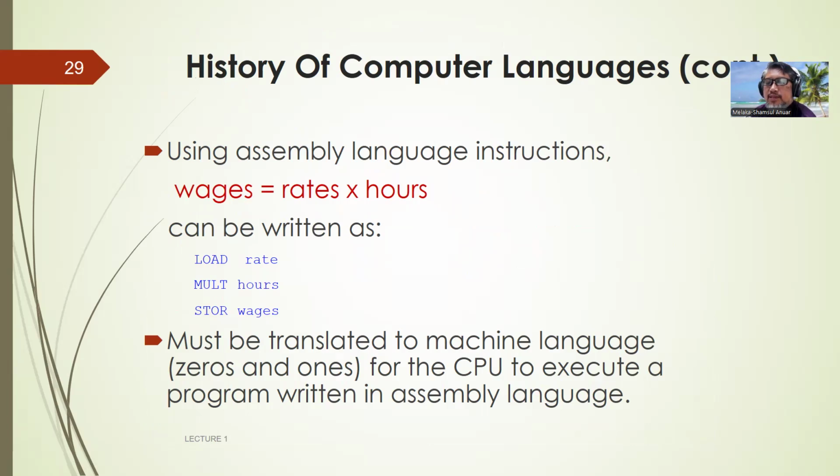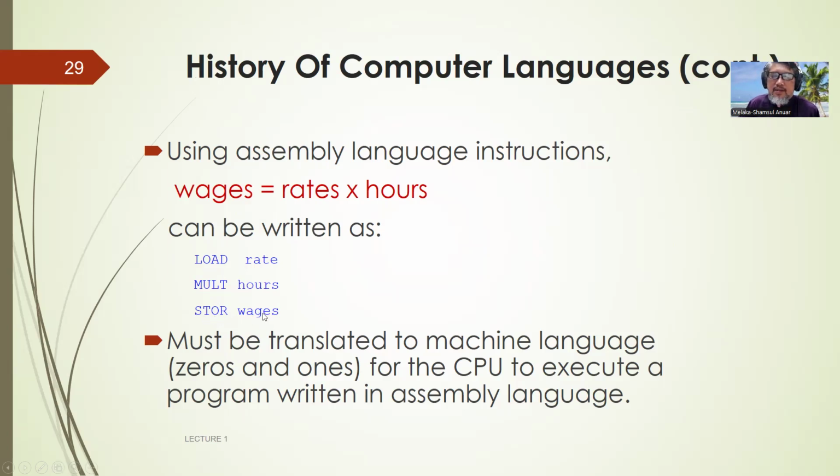Using assembly language instructions, if you want to do this calculation of the wages equals rate times the number of hours, for the assembly language, we will type the instruction: load rate, mult hours, and then store wages.